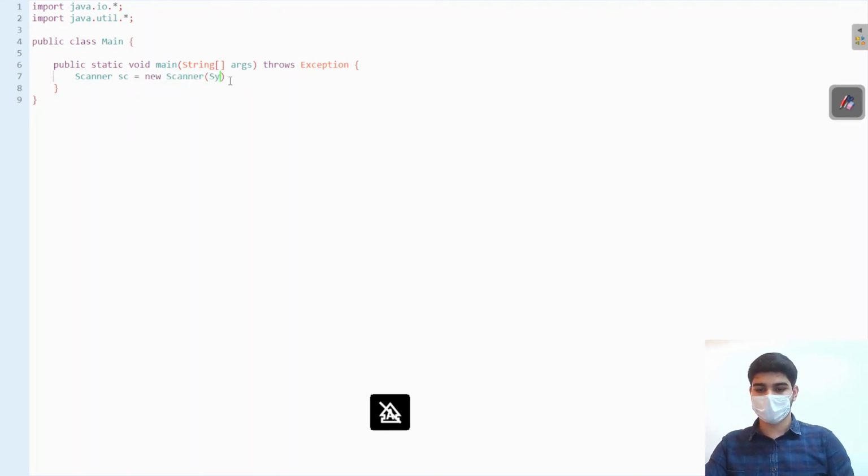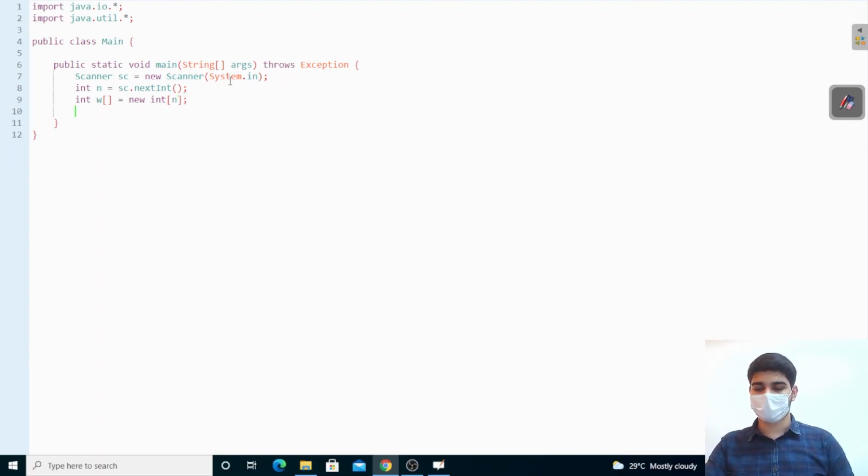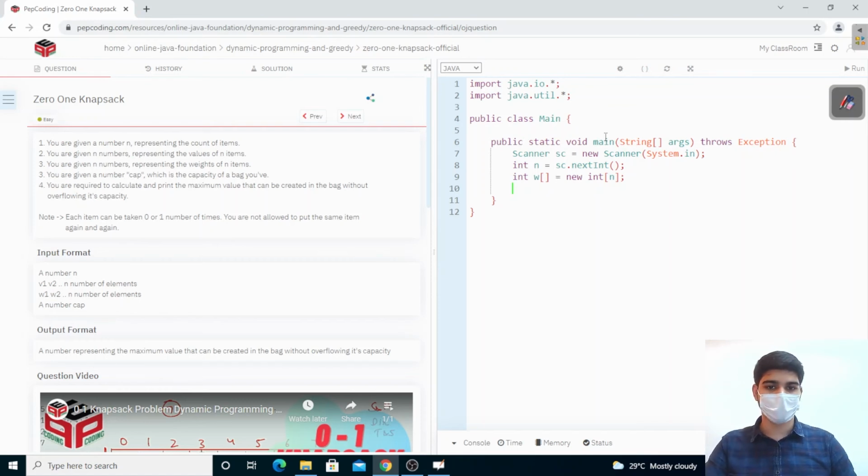2 arrays. First of all is the number of items, then the weights array. Okay, so the very first one is the values array.